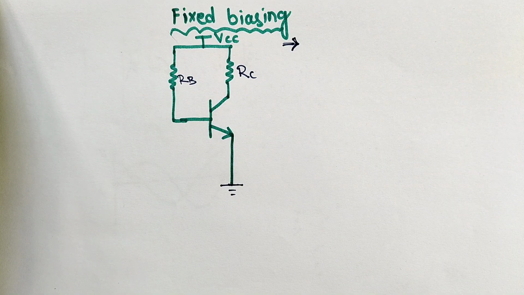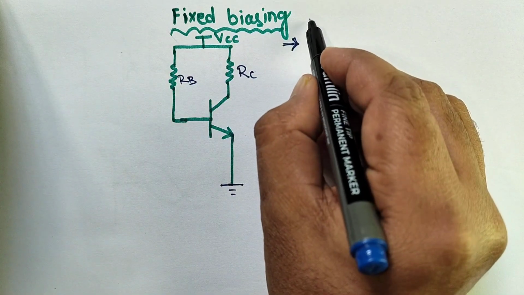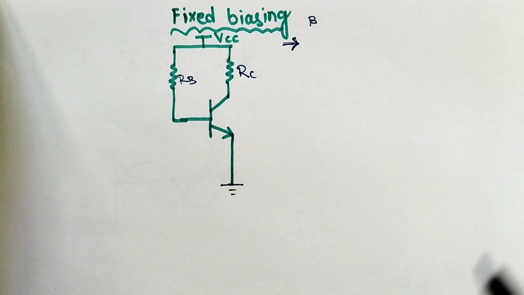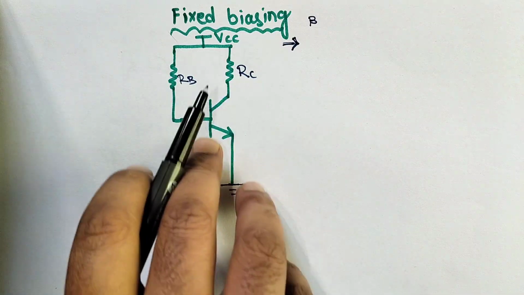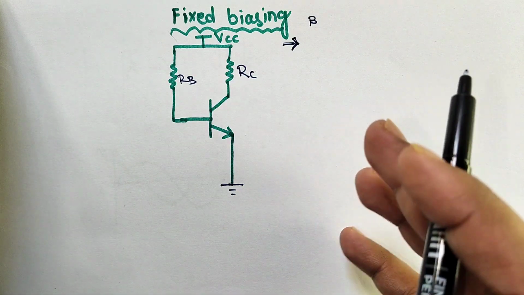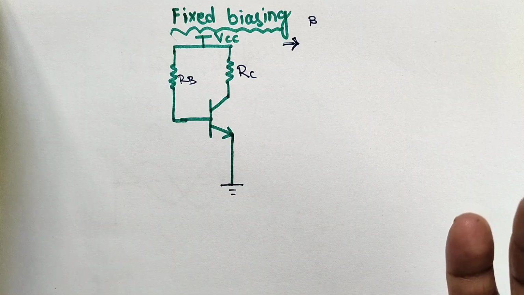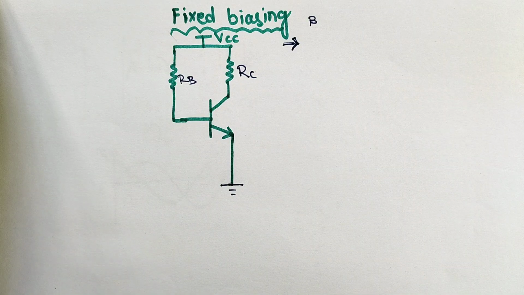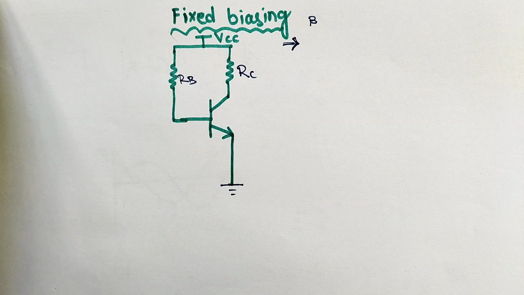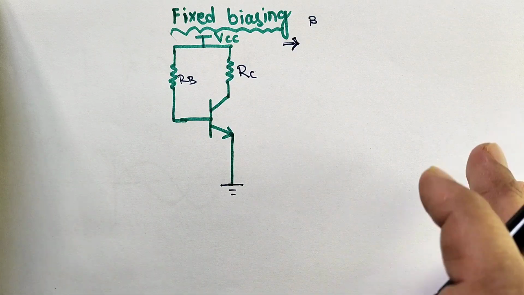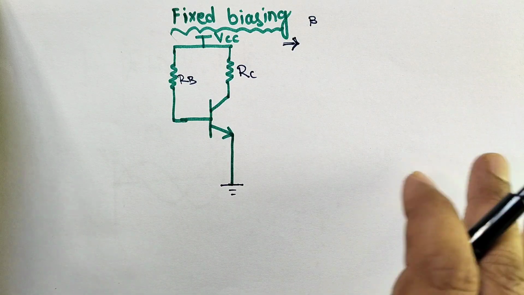When the beta value or gain changes with temperature for a particular transistor or BJT, the beta will change with the temperature also. At that time the Q point is unstable. So this type of biasing method is not suitable for practical use, but from the basics, we need to know how it works.